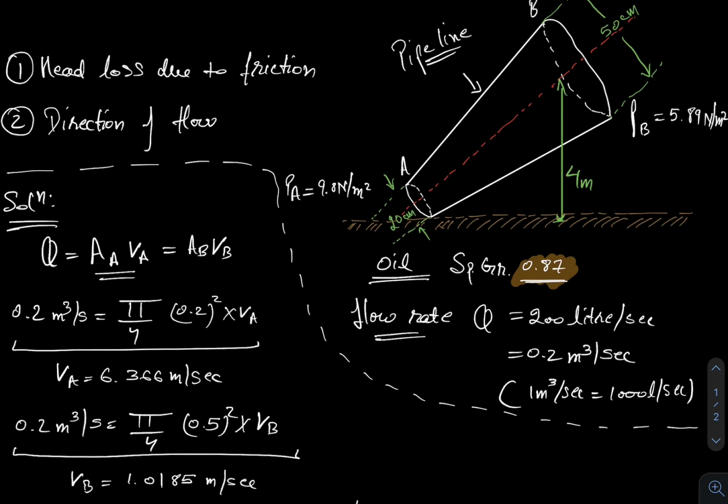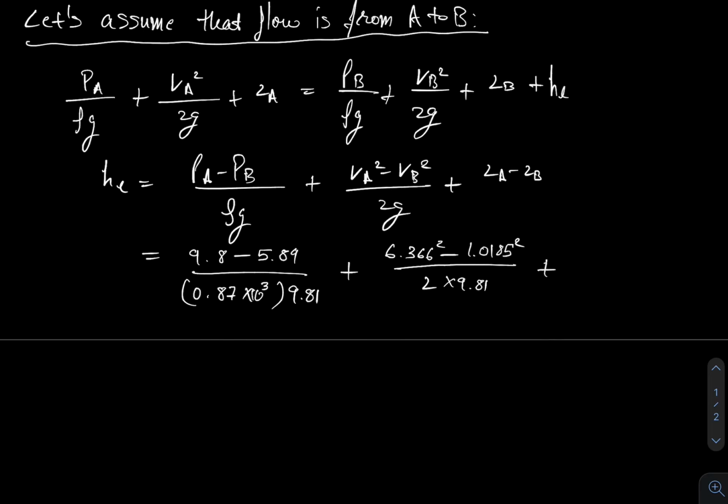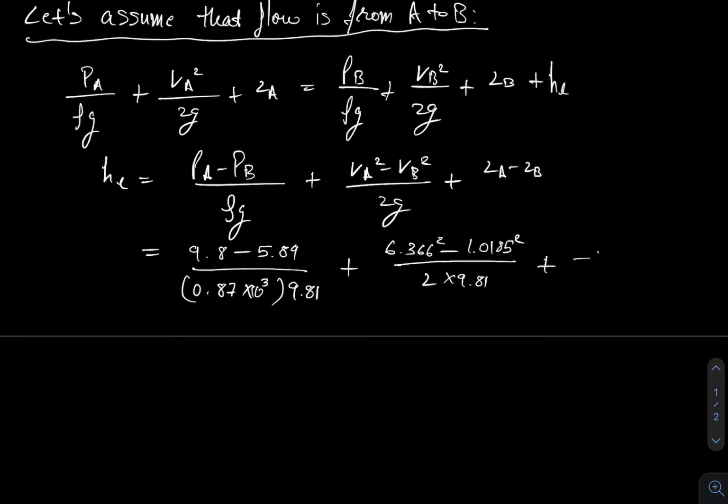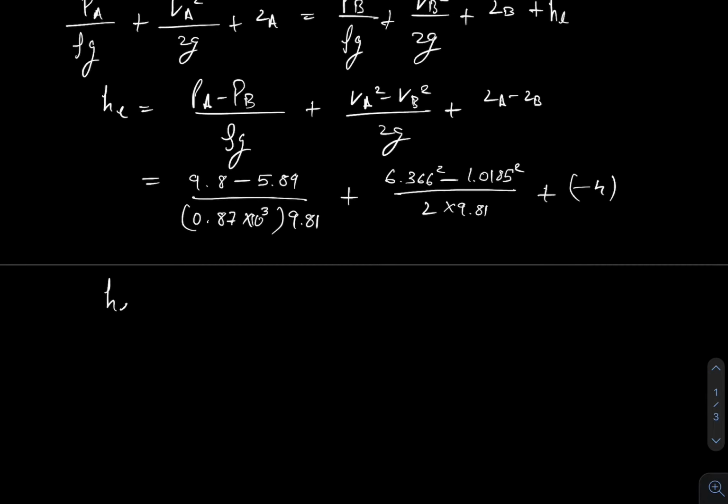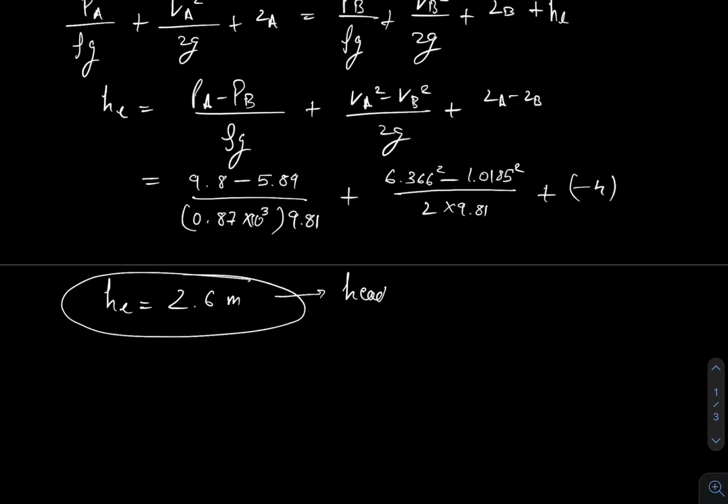ZA is 0, ZB is 4, so ZA minus ZB will be equal to minus 4. So we will solve this. We will find that HL is equal to 2.6 meter. This came out to be the head loss due to friction that was asked in the question.